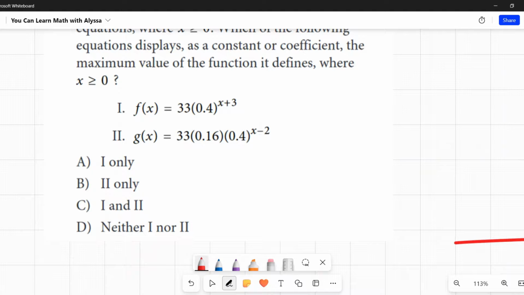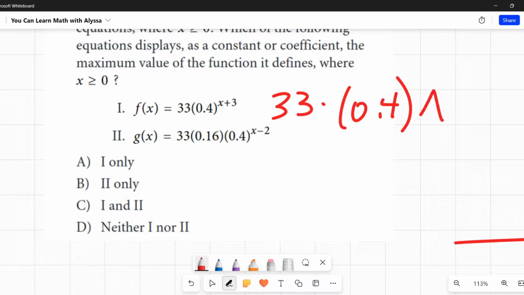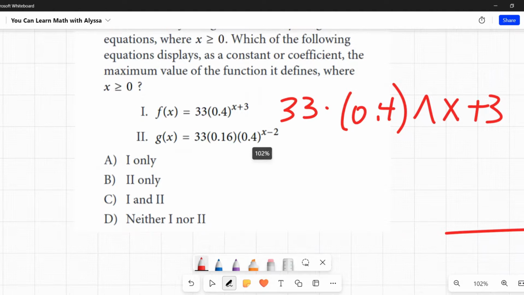But Desmos, it's pretty clear. You can actually see it going exponential. Some graphing calculators make you use that little caret to say the exponential. If you're having to write it out like 33 times 0.4, you do the little caret x plus 3, just as a little side hint to make sure you don't enter it incorrectly.